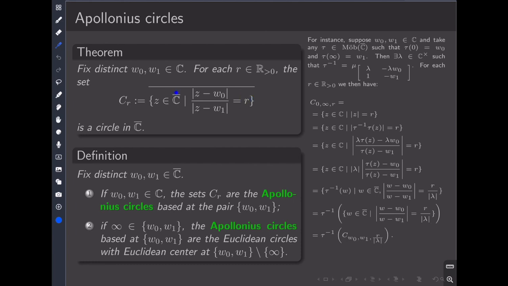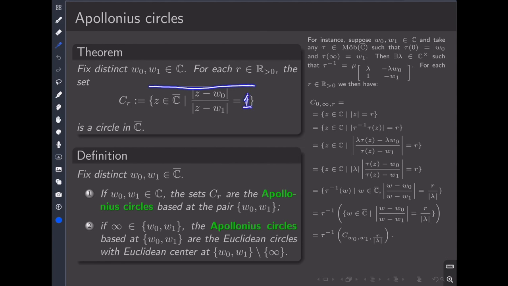So the set of all points in C bar whose ratio of distances to the 2 given complex numbers is constant is a circle. Here I take topological closure, which is only needed when R is 1.